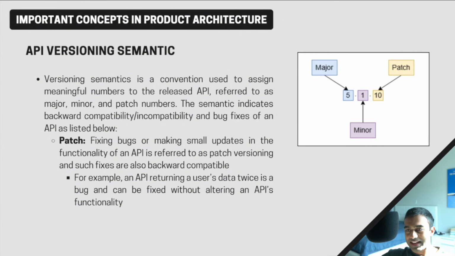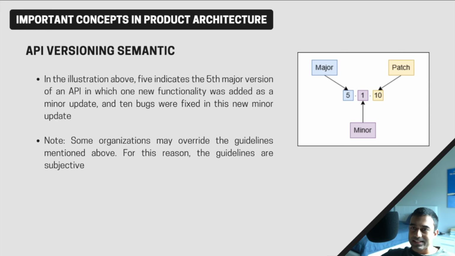For example, an API returning a user's data twice is a bug and can be fixed without altering an API's functionality. And in the illustration, 5 indicates the 5th major revision of an API, in which 1 new functionality was added as a minor update and 10 bugs were fixed in this new minor update.